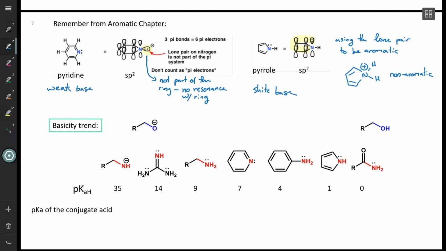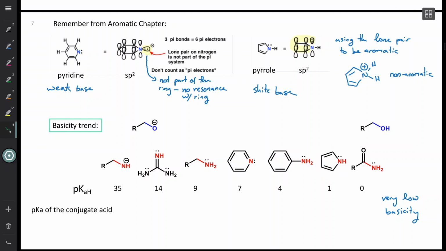And so this is just a quick trend, going toward better bases. Here we have very, very low basicity, the same order as an alcohol: amides with the electron withdrawing group, or the pyrroles that are part of the aromatic groups.